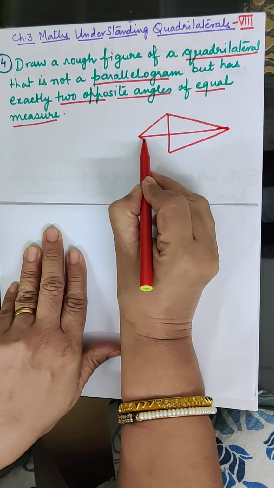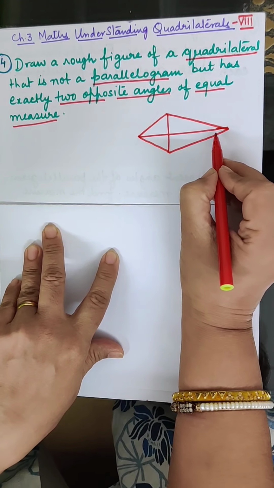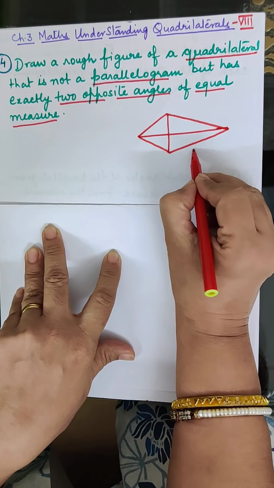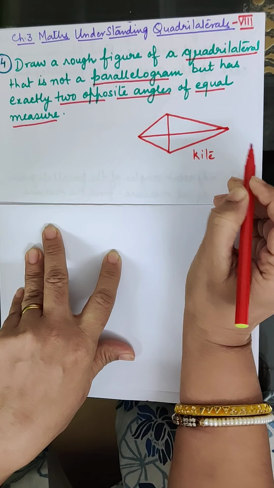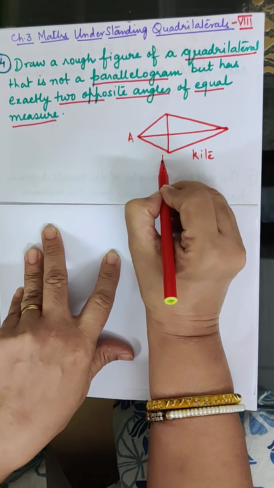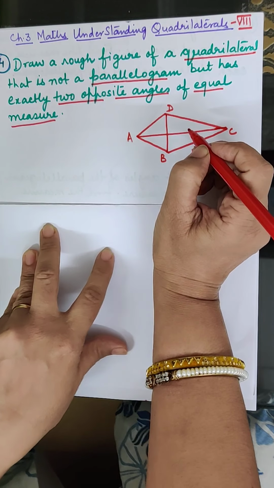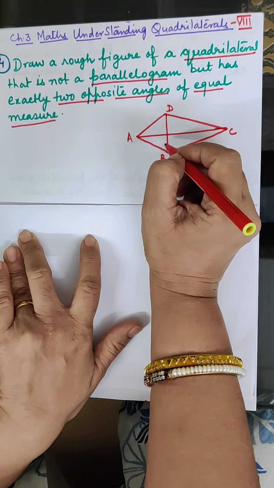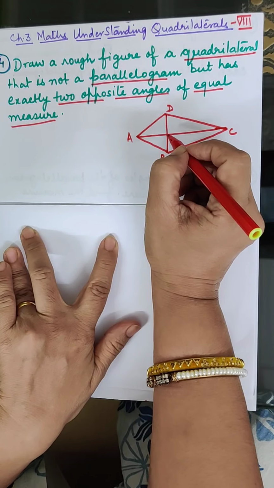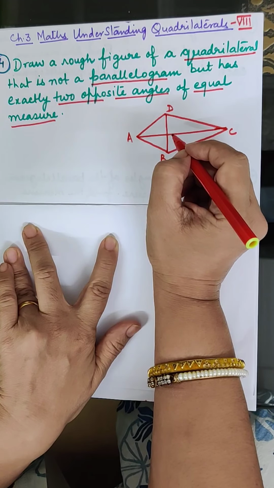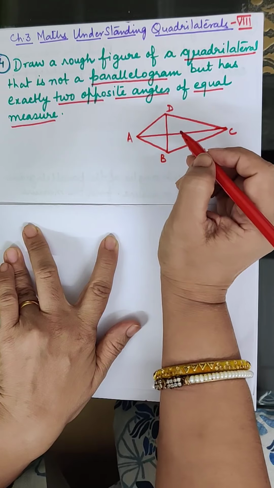Okay, so what is the name of this quadrilateral? This is called a kite. Let us name it A, B, C, D. Now in this quadrilateral, what we observe is that it has exactly two pairs of equal consecutive sides.